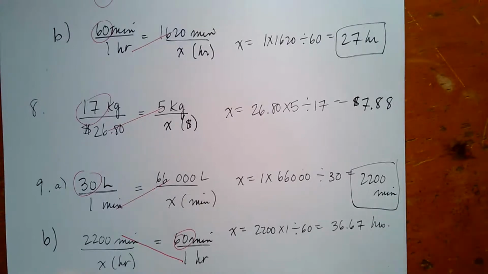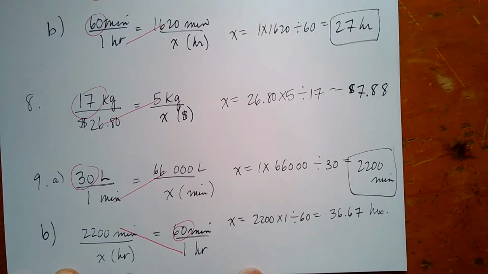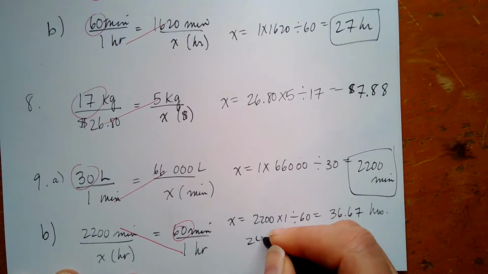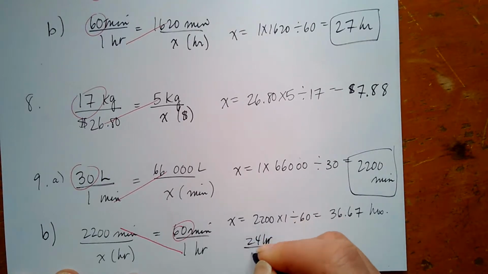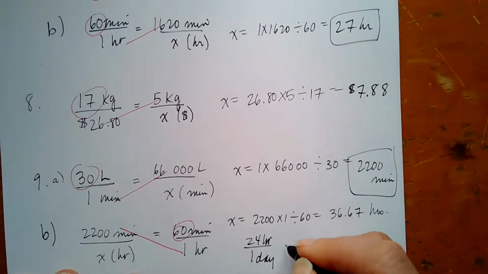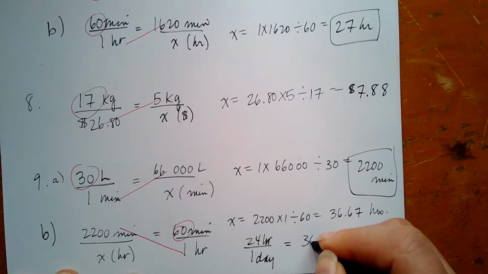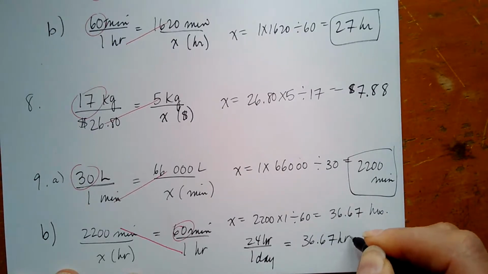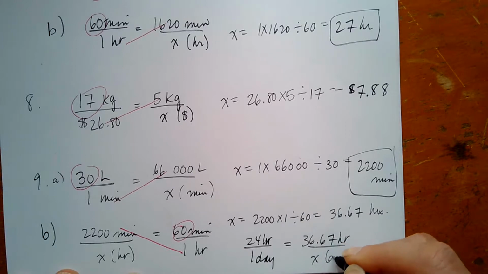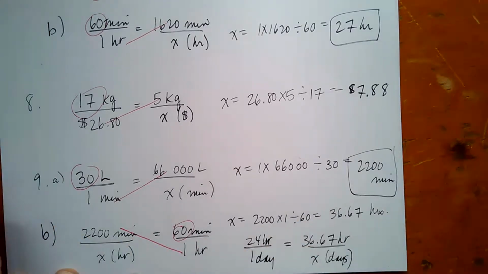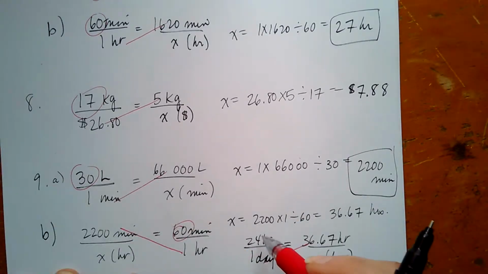hours. Okay, now I'm going to convert hours to days. So I know that 24 hours is 1 day. I've got 36.67 hours. I had to round a little bit for X number of days. And I'm going to multiply and divide.